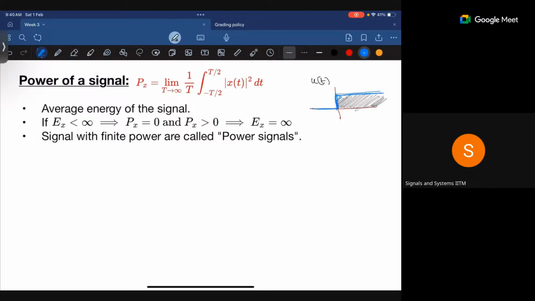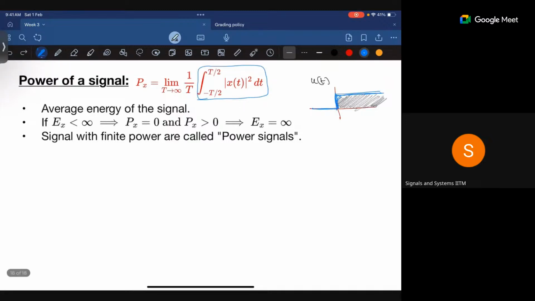The mathematical expression of power of a signal is: you compute the energy in the time window minus T by 2 to T by 2, and you take the average of that energy, which is nothing but dividing by the length you considered. That gives you the average. And then you tend that T to infinity.